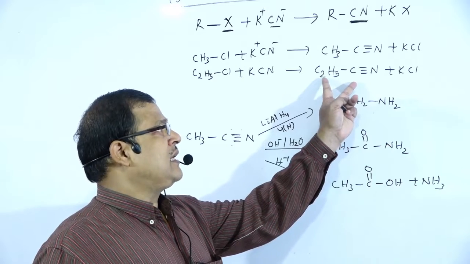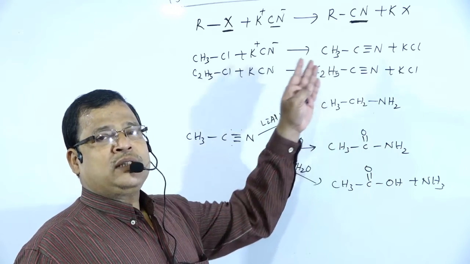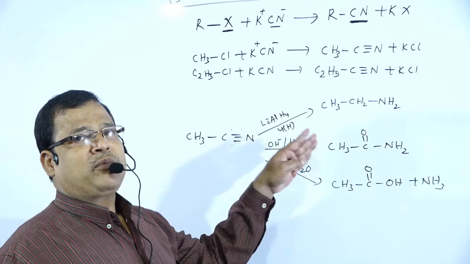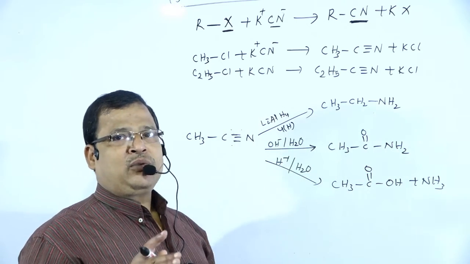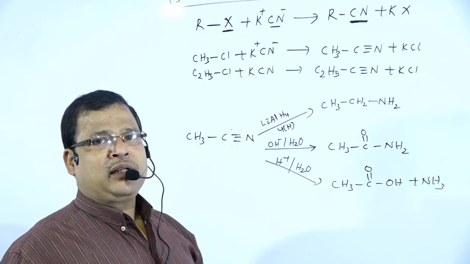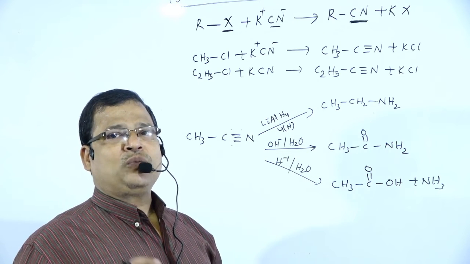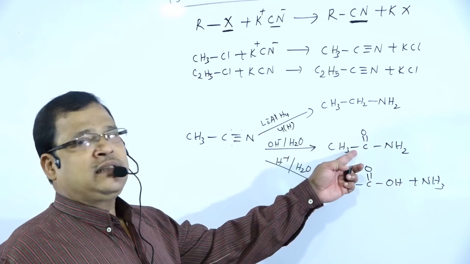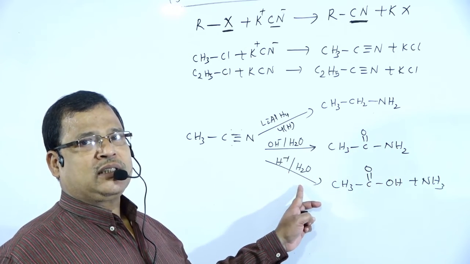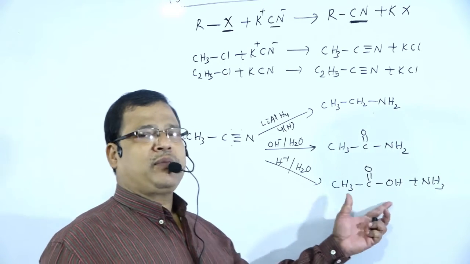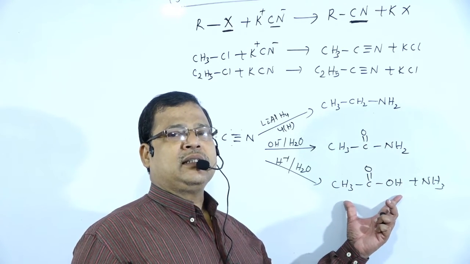The alkyl cyanide which has been obtained will give different products under different conditions. If subjected to reduction, it forms a primary amine; base hydrolysis forms acid amides; and complete acid hydrolysis results in the formation of acetic acid, a carboxylic acid.